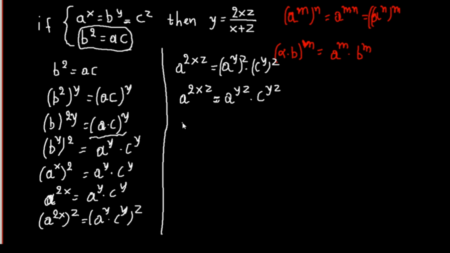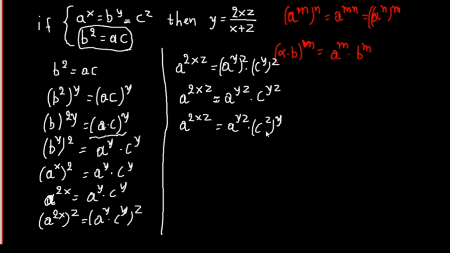So we can write this as a raised to the 2xz equals a to the yz power times c to the z power and then to the y power.